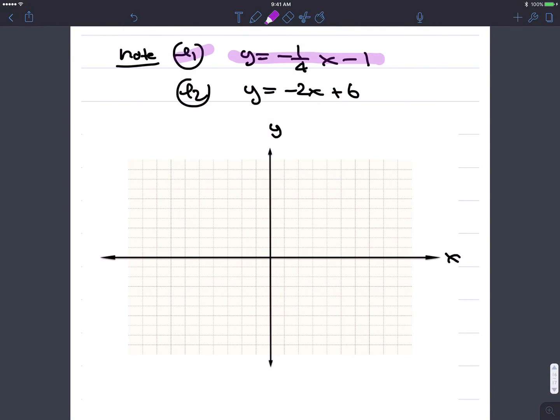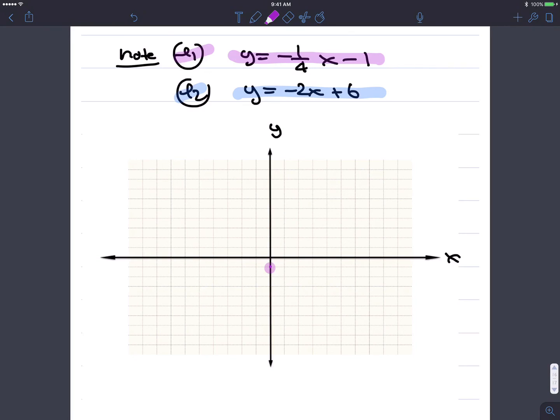First equation we'll draw in purple. Second will be drawn in blue. Start at negative 1. That was the correct place.